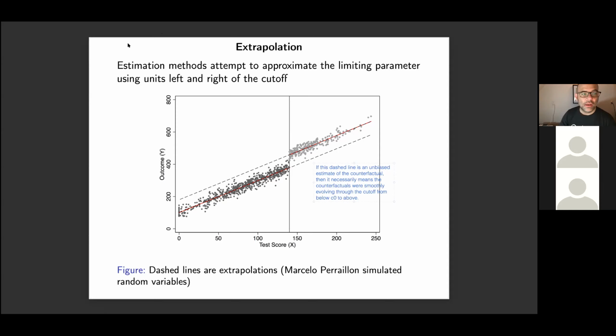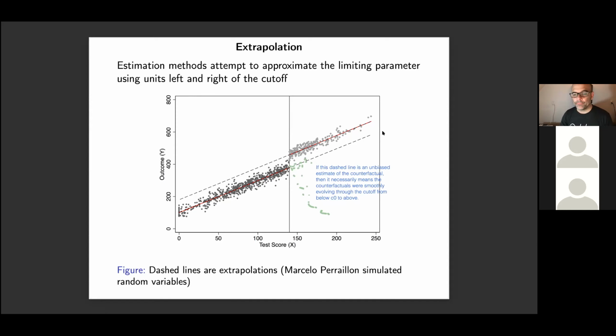It's like you're saying essentially that this would have happened as opposed to this would have happened, right? So you're assuming that it would have continued to evolve smoothly, right?